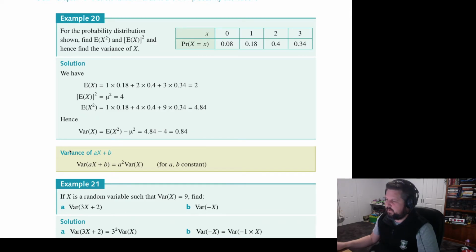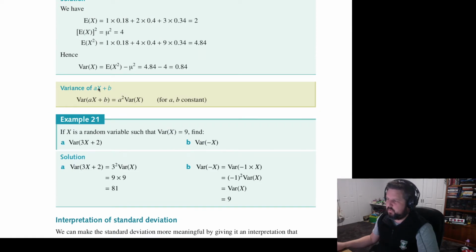Another thing is you can work out the variance if it's linear like this by looking at that a value, and that comes out the front squared. They are equal to each other, and that can be useful in this example that's here. It says if x is a random variable such that the variance of x is equal to 9, find the following: variance of 3x plus 2.